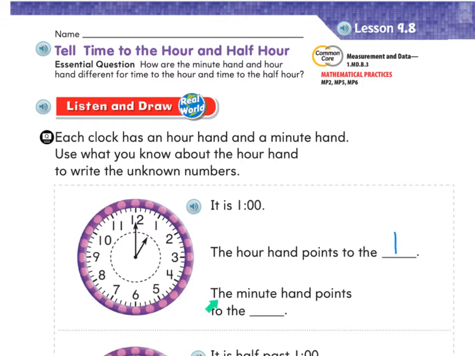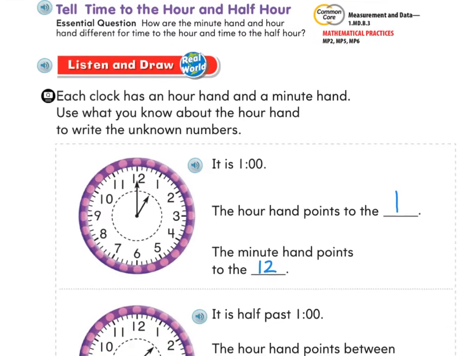Now it says the minute hand points to what number? So find the minute hand right now. Write the number that the minute hand is pointing to. Okay, if you wrote 12, that is correct.